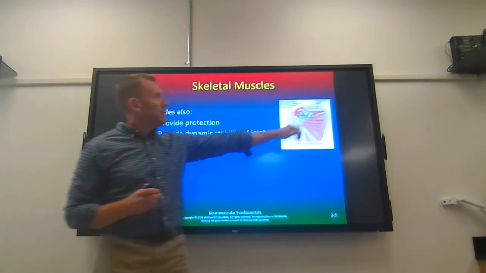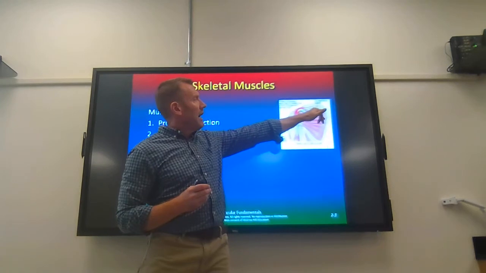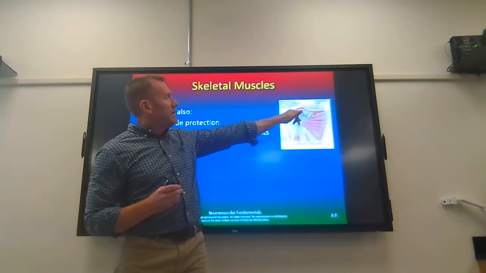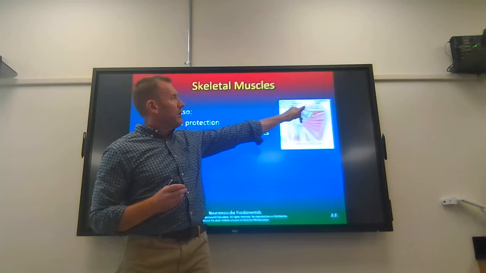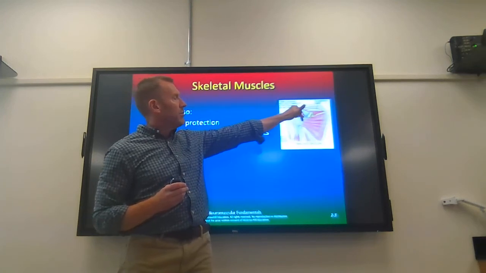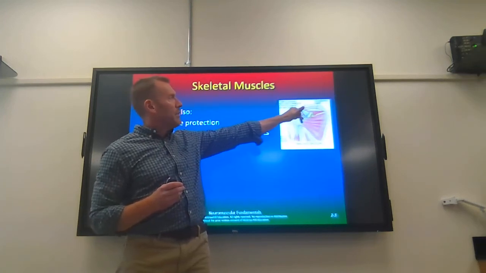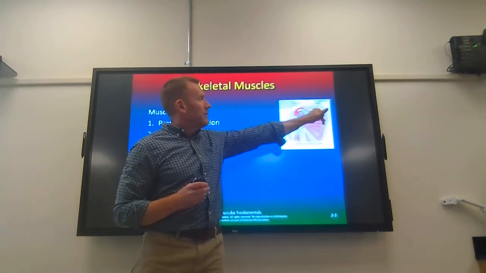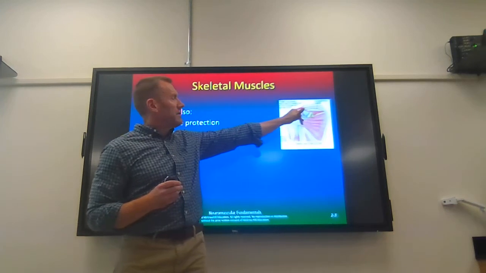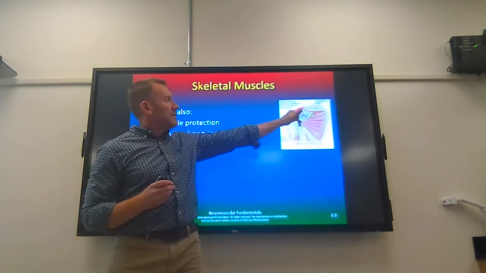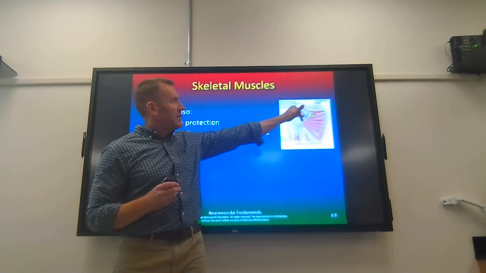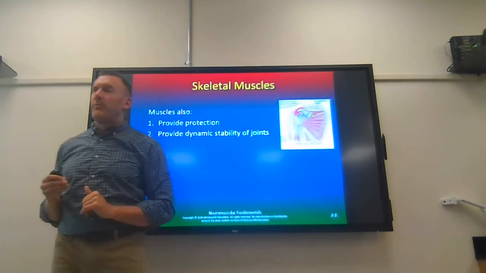You can see here the supraspinatus has its location on top and runs just underneath this acromion process. This is the acromion process of the scapula. This is the clavicle. And so the supraspinatus runs just underneath and has its insertion on top of the humeral head, just underneath the clavicle.